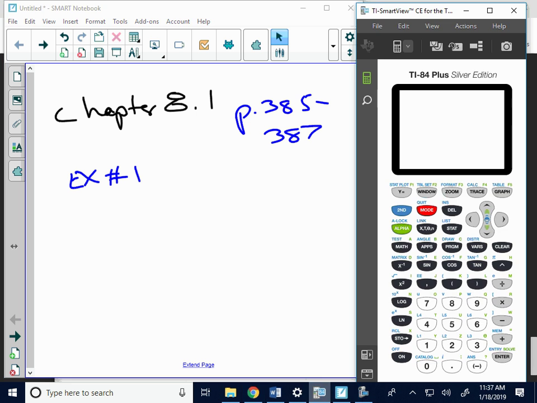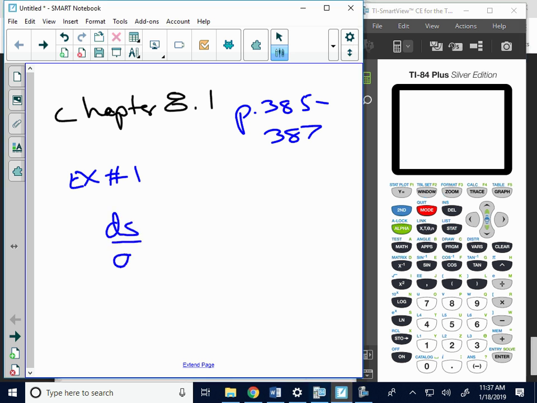Okay, this is example number 1, not exercise number 1. It says ds/dt, that's velocity. And it's given as this function, (t squared minus 8) over (t plus 1) squared, and this is centimeters per second.